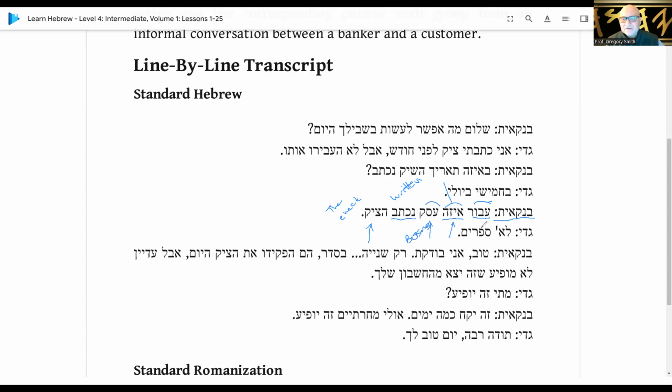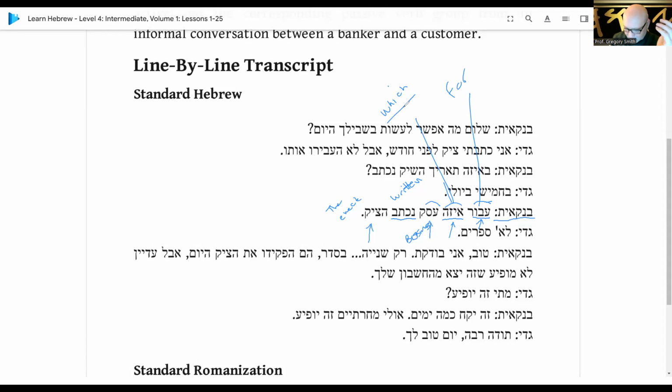Okay, and then these two here, avor eze. Let's break those down. עבור איזה? Okay, so for which. So this has got to be for, and then eze is which. Let's knock eze out by itself. איזה? Okay, so it is which.